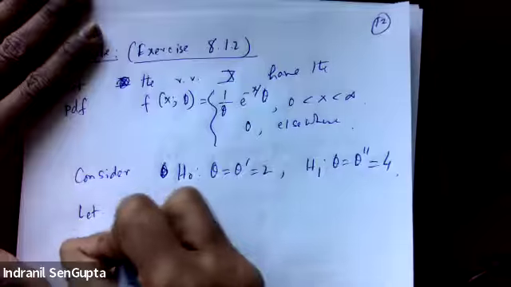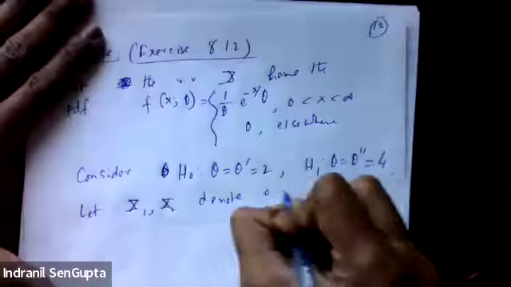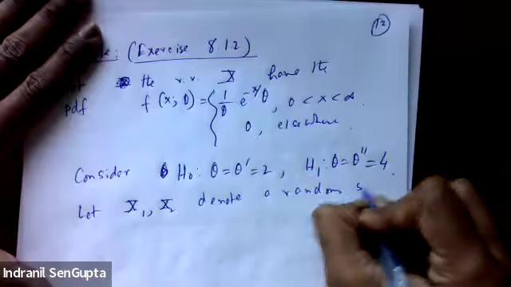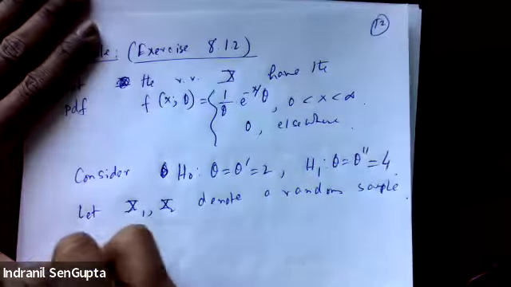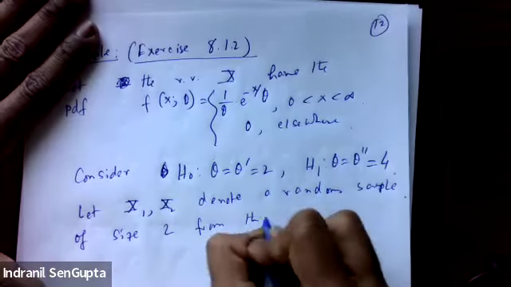Let X1 and X2 denote a random sample of size 2 from this distribution.